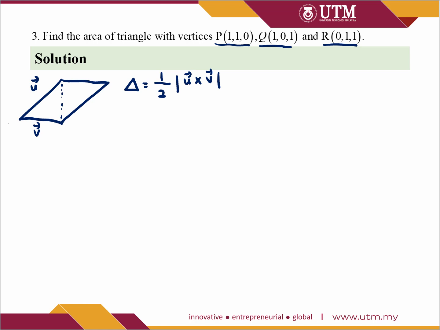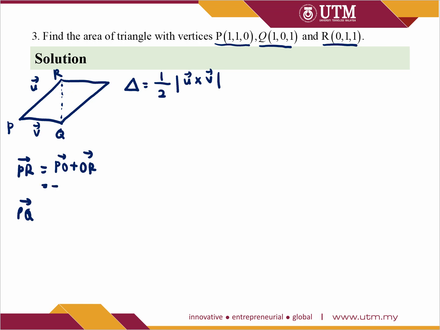Alright, so let's assume that this is point P, this is point Q, and this is point R. From this figure, we need to find our U as PR, and also vector V as PQ. I think no issue for finding PR, where to find PR means you have to find PO plus OR, given your PO is the negative of OP.